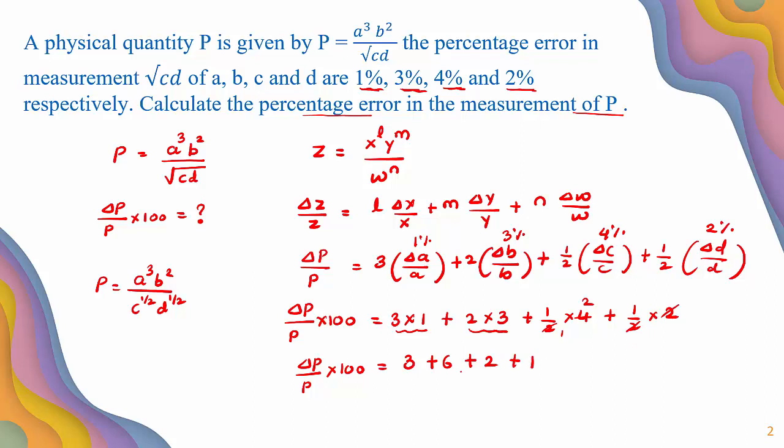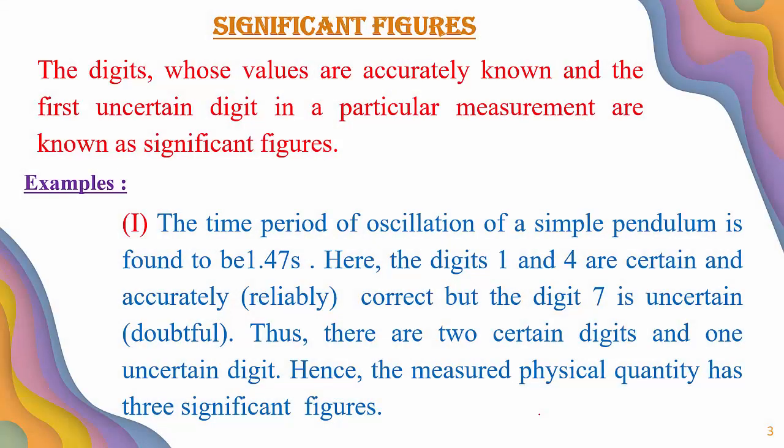Now add all these values. 3 plus 6 is 9. 9 plus 2 is 11. 11 plus 1 is 12%. So percentage error in the measurement of P is how much? 12%. I hope you also got the same answer. Error in percentage is 12%. Right?